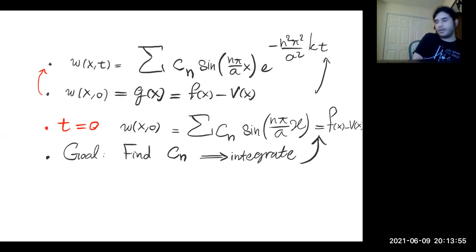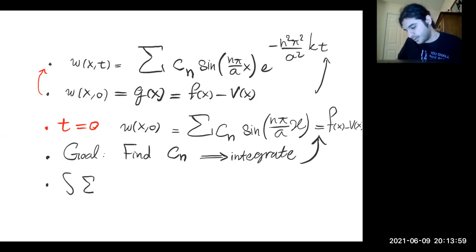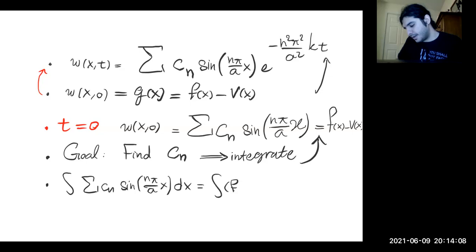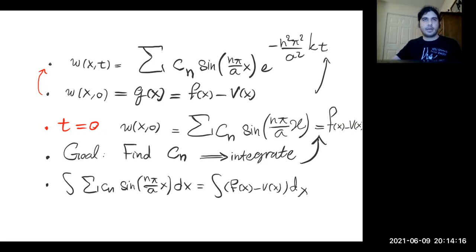There's just one variable here. So the integral of sigma cn sine of n pi over a x dx is equal to the integral of f of x minus v of x dx. We are just integrating both sides, right?